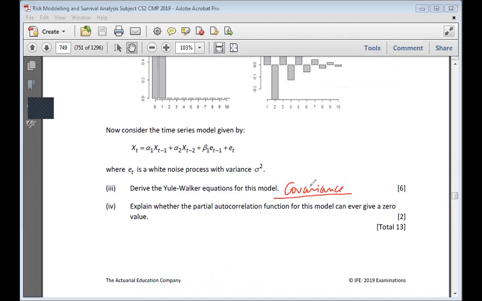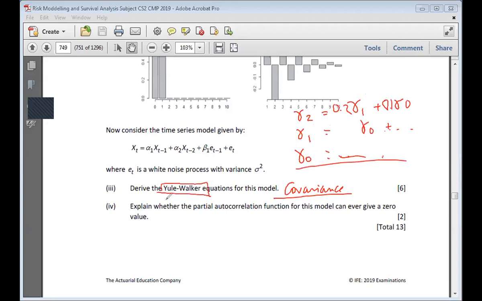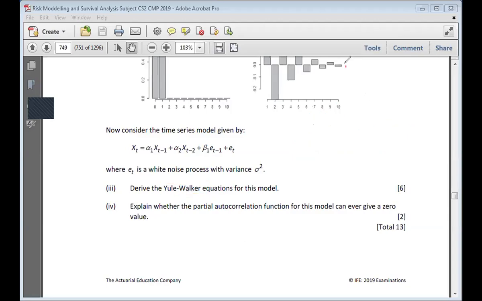Remember the equations where we used to determine the values of gamma 0, gamma 1, gamma 2 in terms of each other. So this would be some value, and then you will have gamma 0 plus something, here you will have gamma 1 plus gamma 0 and some number here. These will be the Yule-Walker equations. That's it, nothing else. It's just a fancy name.